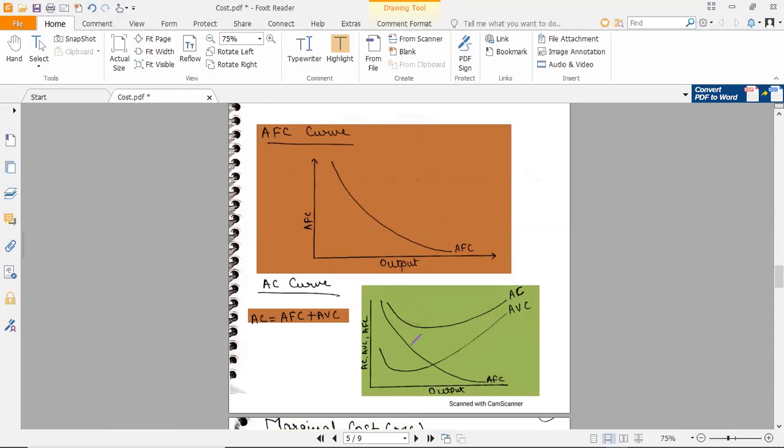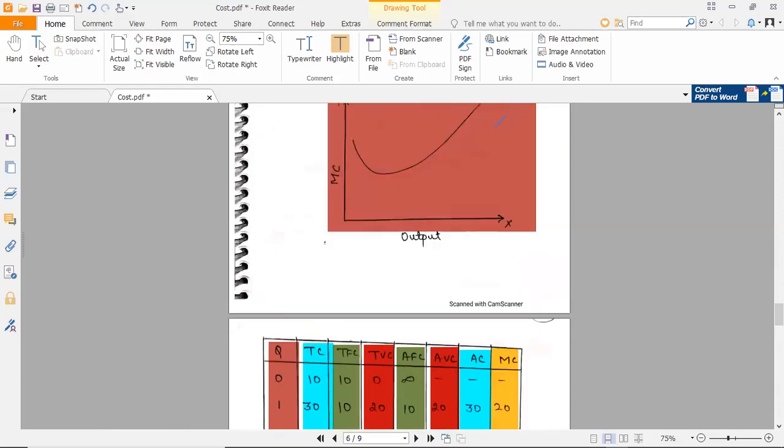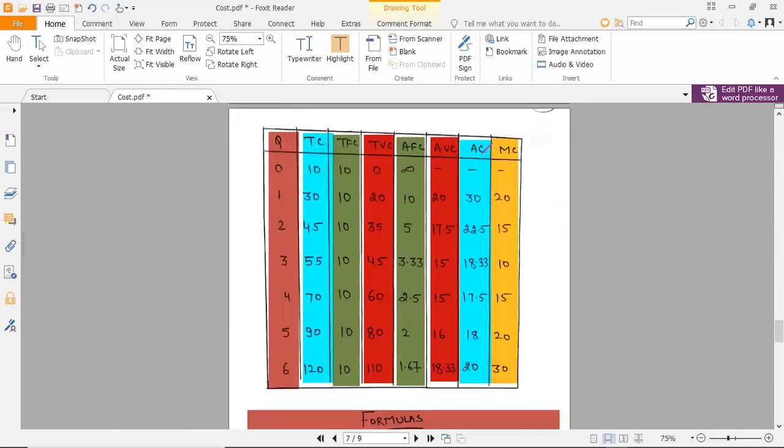As we can see, average fixed cost was continuously falling from 10 to 1.67 and so on. So the shape of average fixed cost is like this. Average variable cost was a U-shaped curve, and then average cost is this. The difference between AVC and AC is continuously falling, right?